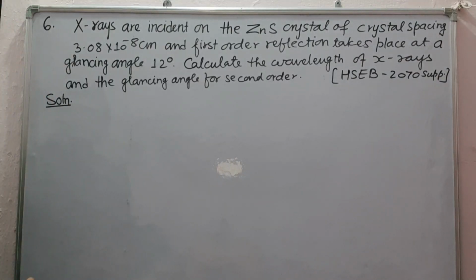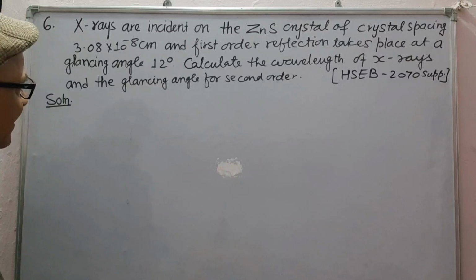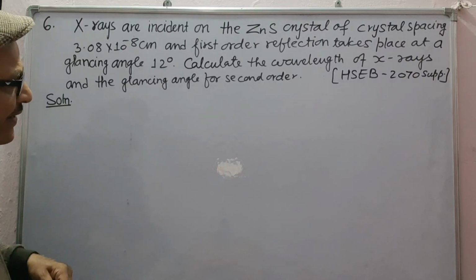Next question number 6. X-rays are incident on the zinc sulfide crystal of crystal spacing 3.08 into 10 to minus 8 cm and the first order reflection takes place at a glancing angle of 12 degree. Calculate the wavelength of X-rays and the glancing angle for the second order.